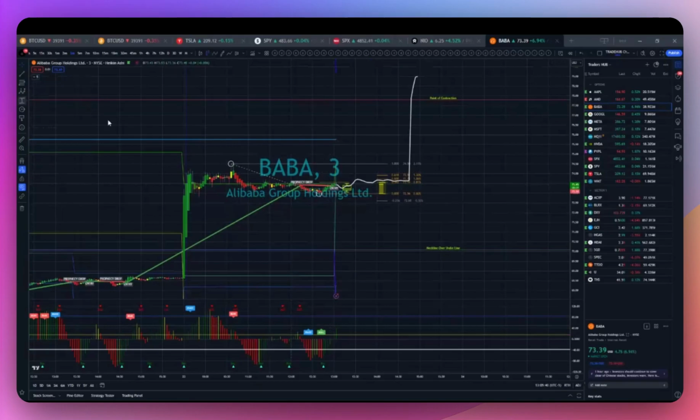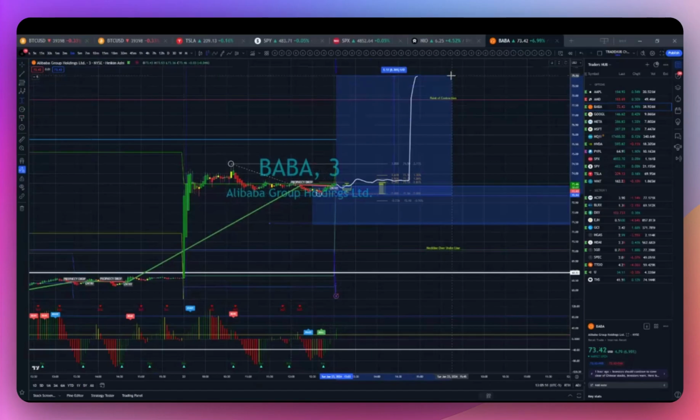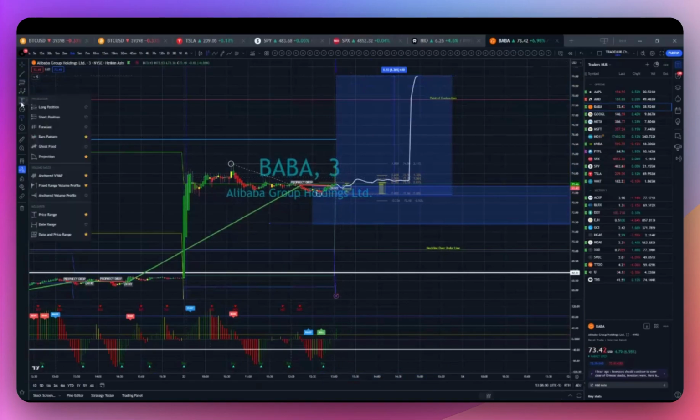So let's set up our trade window. This needs to go from here to here. Confirmation has to be above this region chop here.